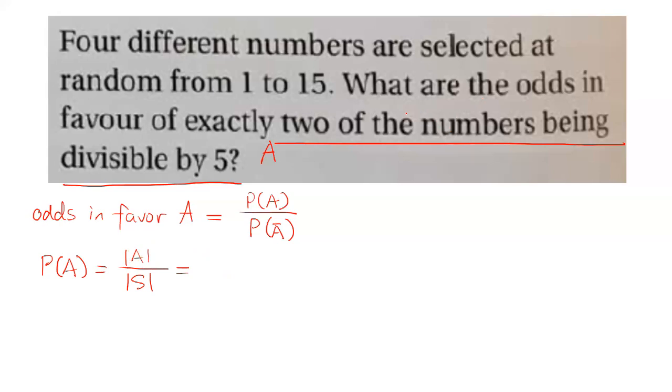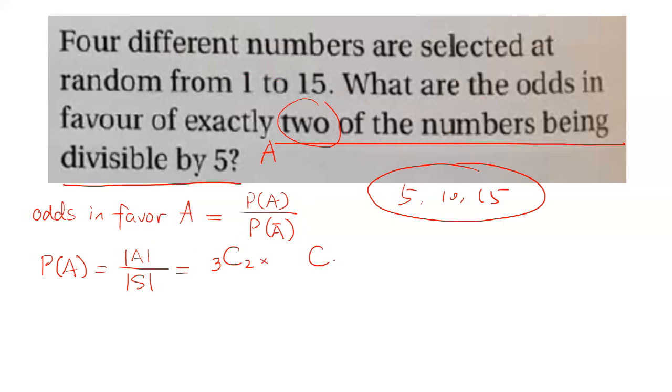First is to pick two numbers that are divisible by 5. How many numbers are divisible by 5? 5, 10, 15, right? These three numbers from 1 to 15 are divisible by 5. First step is to choose 2 from these 3. And second step is to choose the remaining 2 from the remaining 12, right?